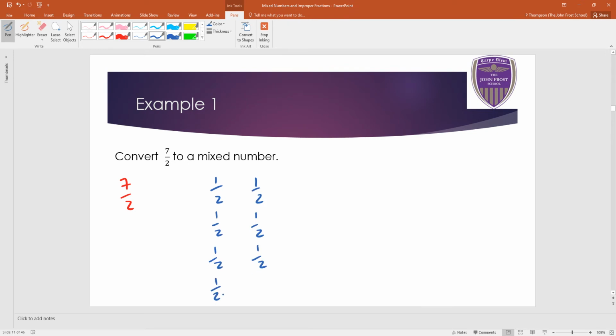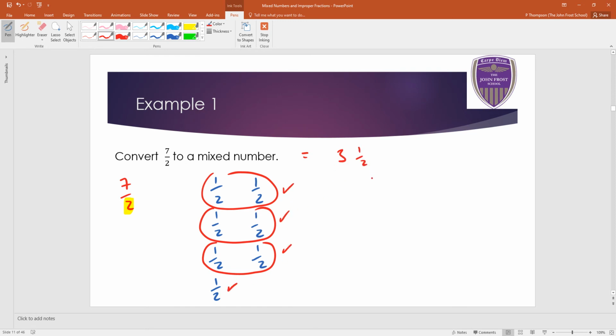Hopefully you see why I put them in groups of 2. Remember, every 2 halves makes a whole one. So I've got a whole one here, a whole one here, a whole one here, and that's it. I've got 1 half left over. So can you see that 7 halves really means 3 wholes, 1, 2, 3, and 1 half left over as well? So as a mixed number, this is 3 wholes and a half left over, 3 and a half.